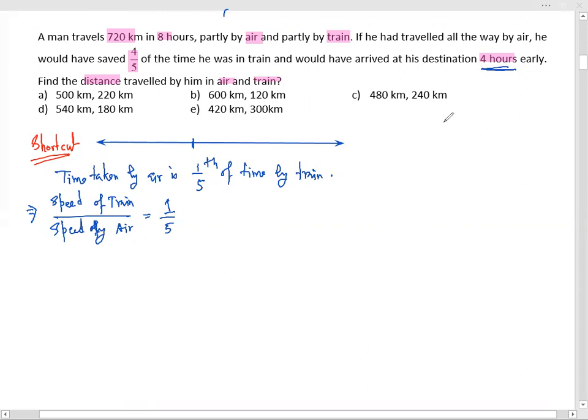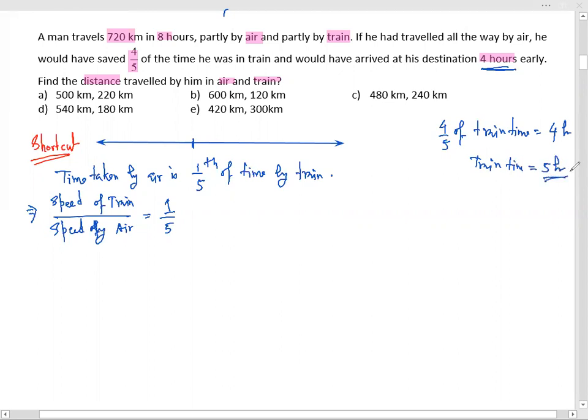I can say four-fifths of train time is nothing but 4 hours, because he saved four-fifths of the train time. And by this saving, he reached 4 hours early. So basically four-fifths of the train time is 4 hours. Now train travel time should be equal to 5 hours.